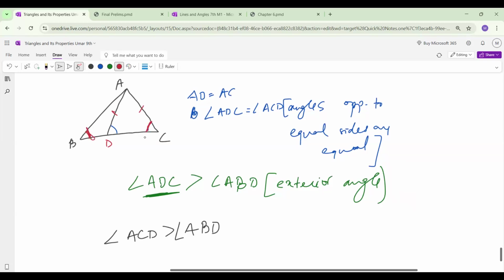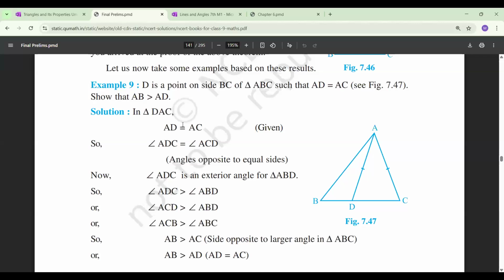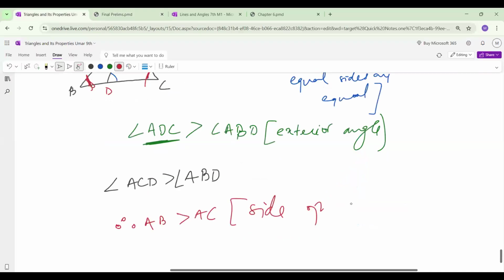So now we know that this angle is greater than this angle, which means AB would be greater than AC. Therefore, AB is greater than AC, and we write the theorem: side opposite to larger angle is larger. Is this clear, guys? Yes, sir. Okay, easy.